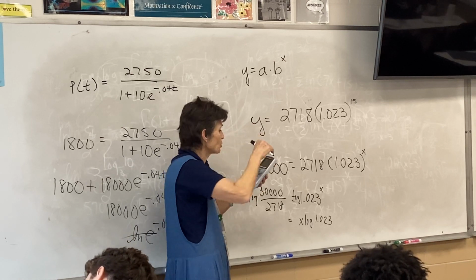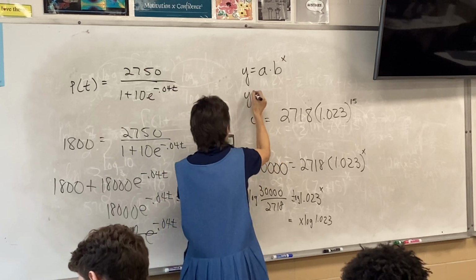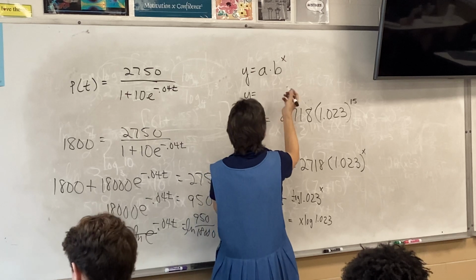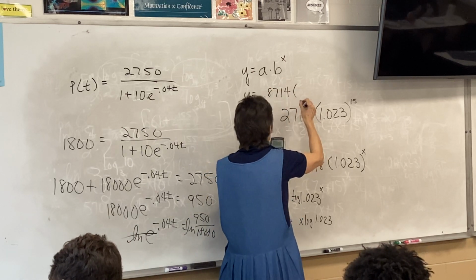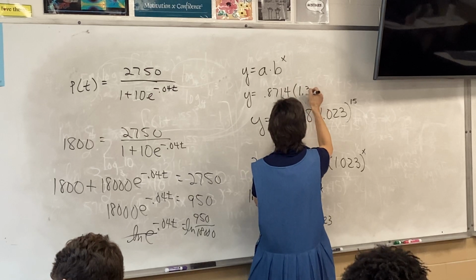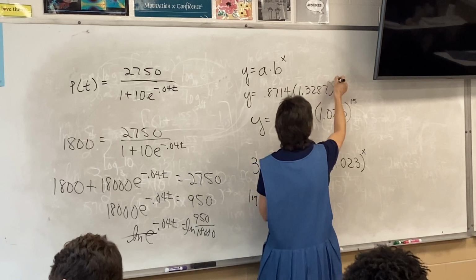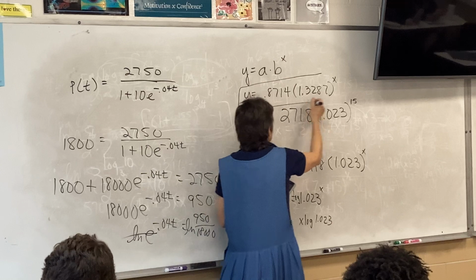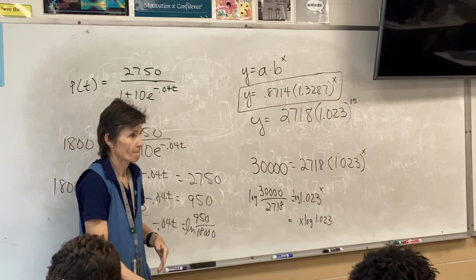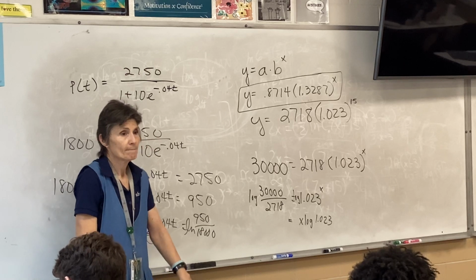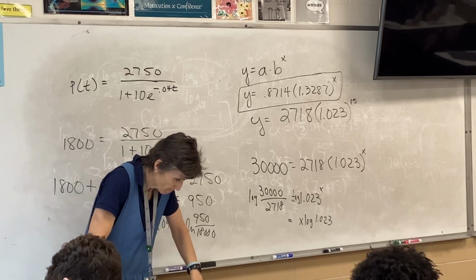That's what an exponential looks like. So mine says 0.8714 times 1.3287 to the x. All right, that's the first part of the question.